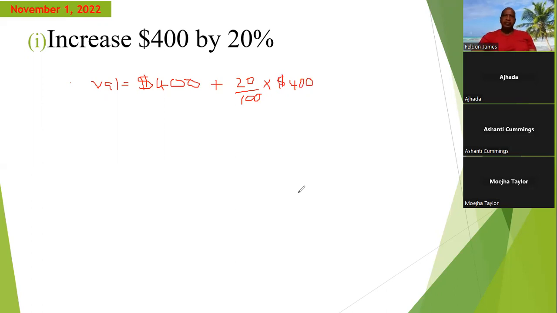Yes, sir. And then now you do the calculation, and it will give you 400 plus, you would have done the calculation, 100 into 100 and 100 into 400 give you 4.